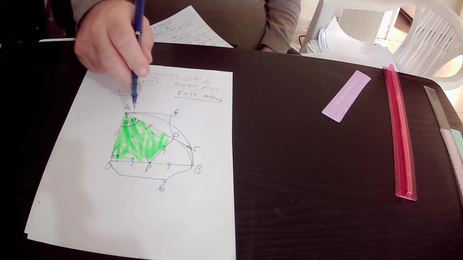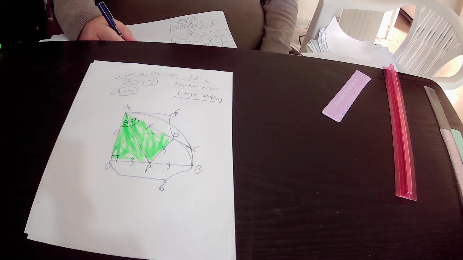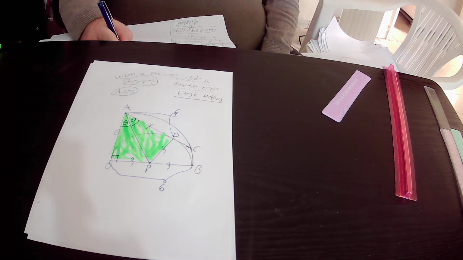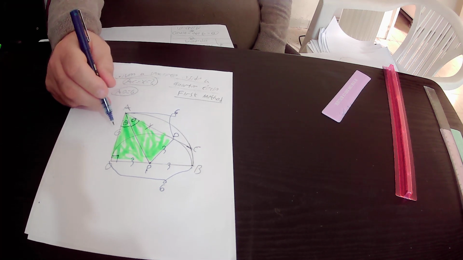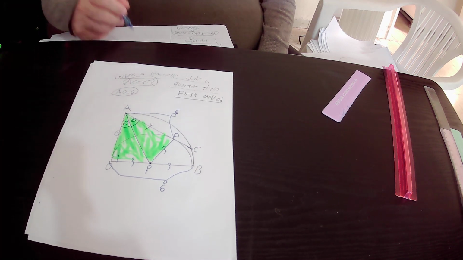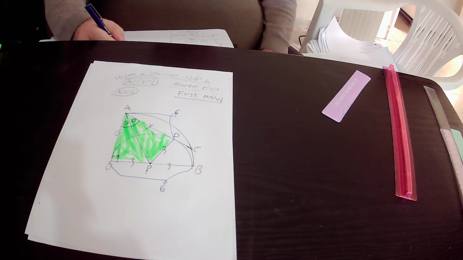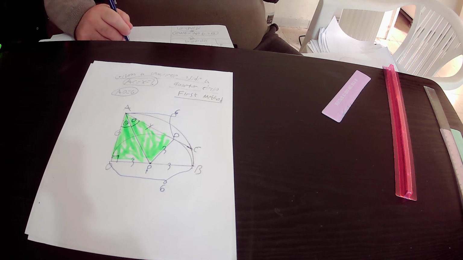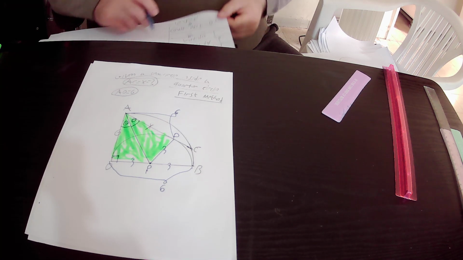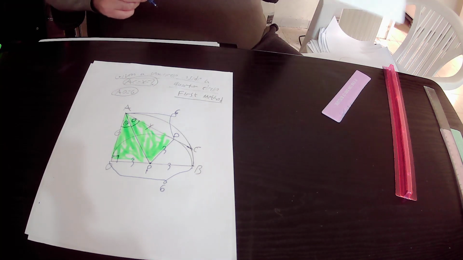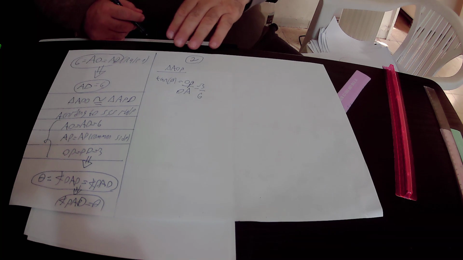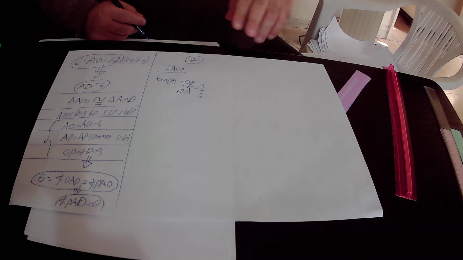OP equals 3 units, it is the radius of the semicircle, and OA equals 6 units according to what is given in the question. So tan theta equals 3 over 6.